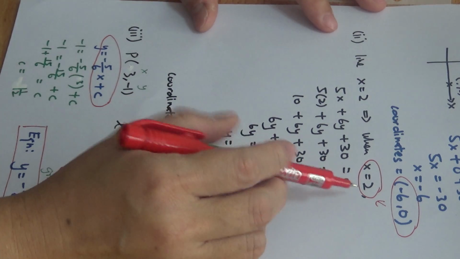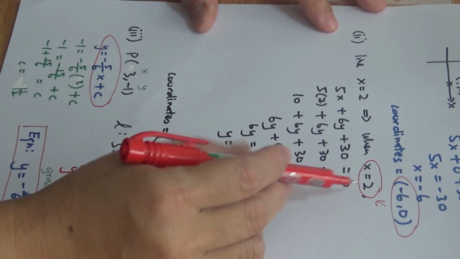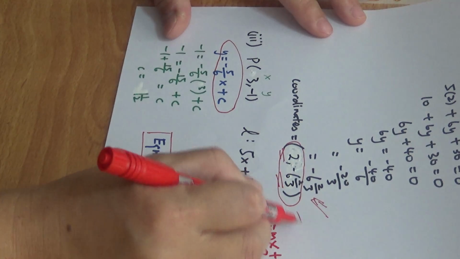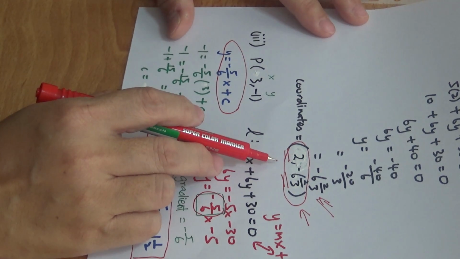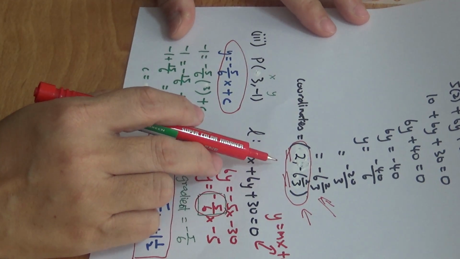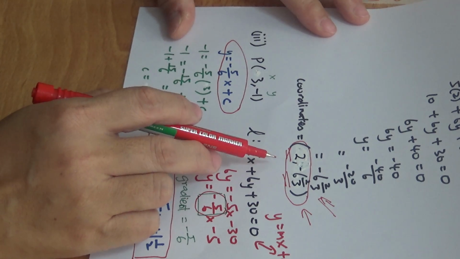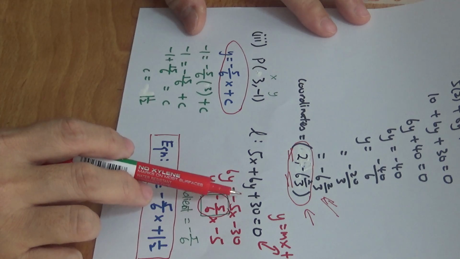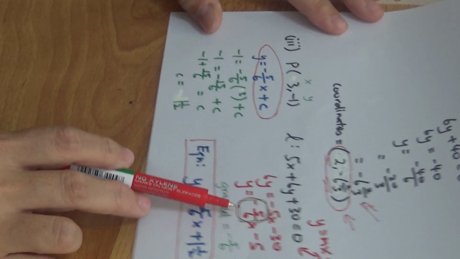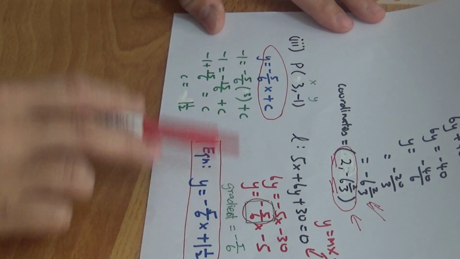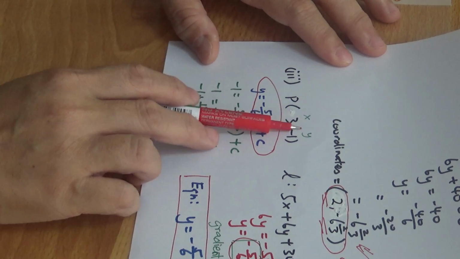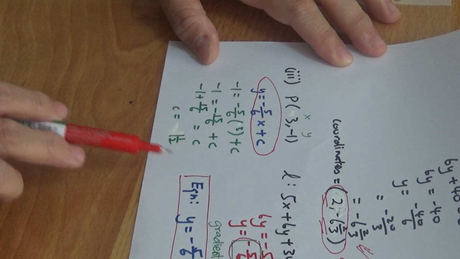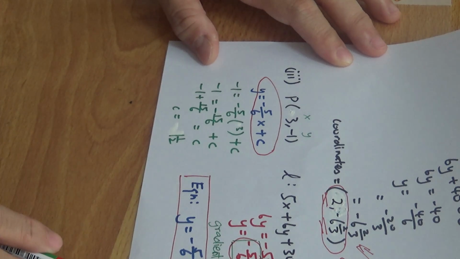Part 2, substitute in x equals 2 and get the answer, and this will be the coordinates that are required. Part 3 says that another line passes through this point and has the same gradient as this. So you have to find the gradient, which is negative 5 over 6, put it in this form, substitute this point in, and then find c as 1.5, and you get the equation as this.